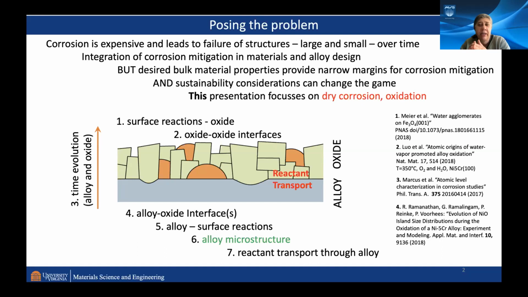So you have to find your margin, your little sliver of composition or surface treatment, which gives you that window into also having corrosion protection. So for that reason, it's really important to understand what happens during corrosion from a mechanistic perspective, so you can start to integrate that and have a much better idea as to how you can model and predict corrosion protection.